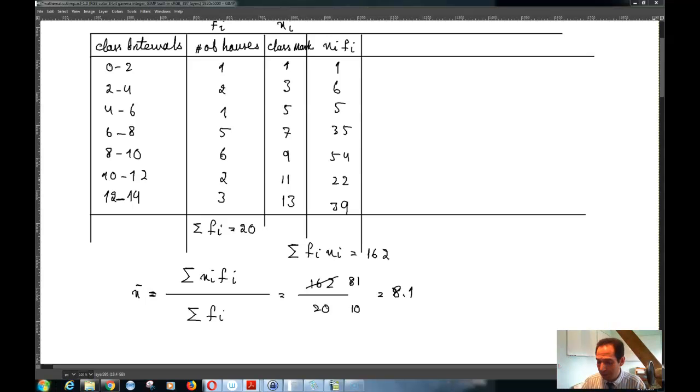Or let's say that you have another example. Let's do another example here. Consider the following distribution of daily wages of 50 workers of a factory and find the mean daily wages of the workers of the factory by using the appropriate method.